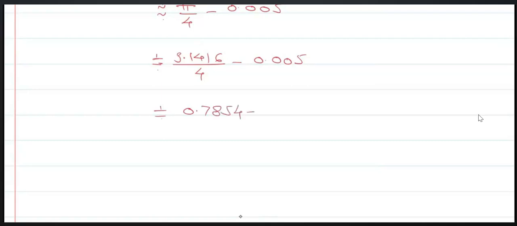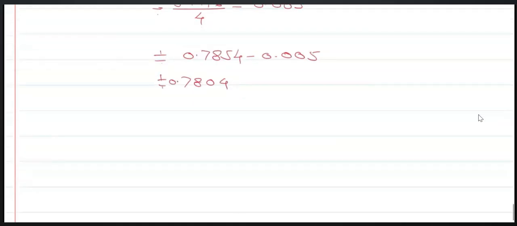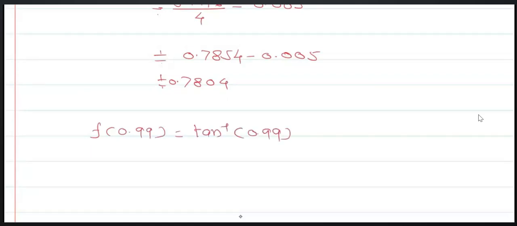That is 0.7854 minus 0.005, that is 0.7804. Therefore, f of 0.99, which is tan inverse of 0.99, is equal to 0.7804.